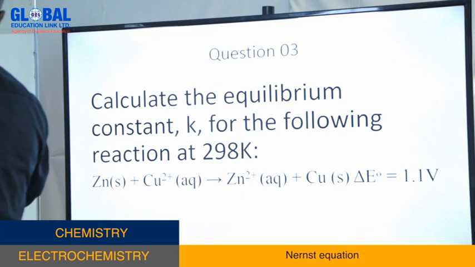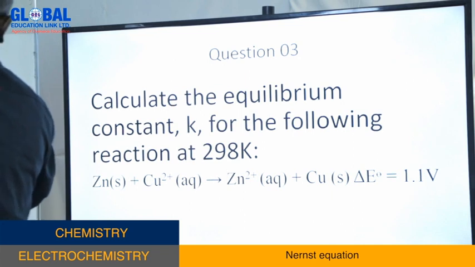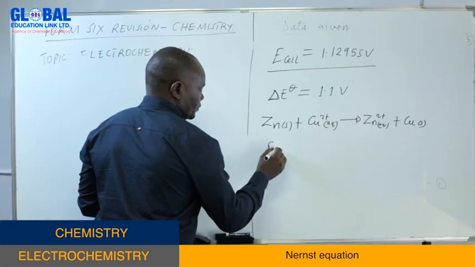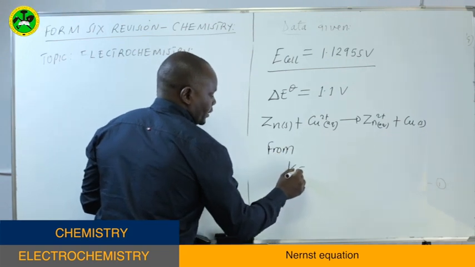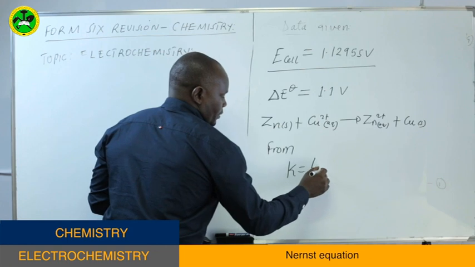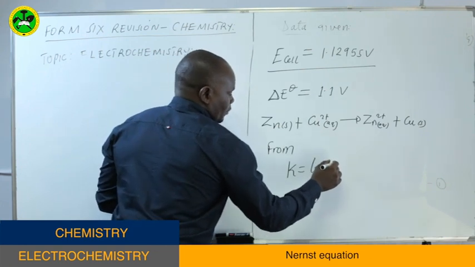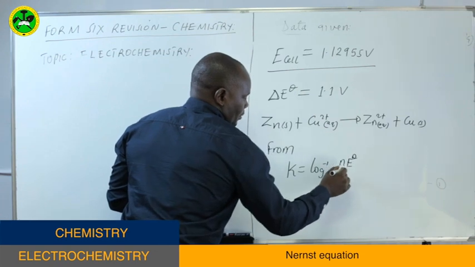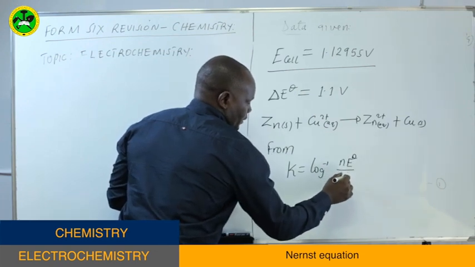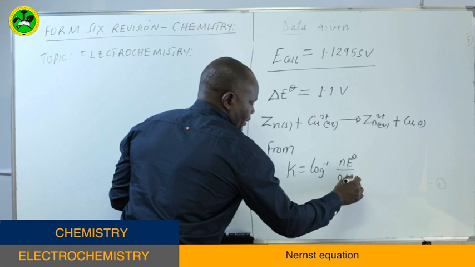Now let us recall that K is equal to the log inverse of nE over 0.0591.